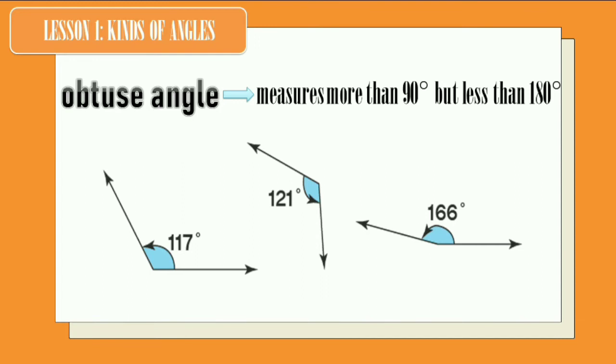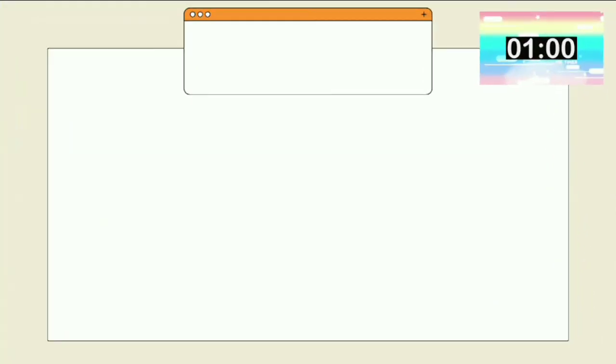Yung straight angle measures 180 degrees. And then, yung reflex angle, the measurement is more than 180 degrees but less than 360 degrees. Additional information about the kinds of angles.